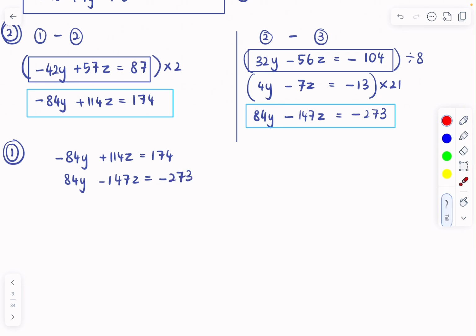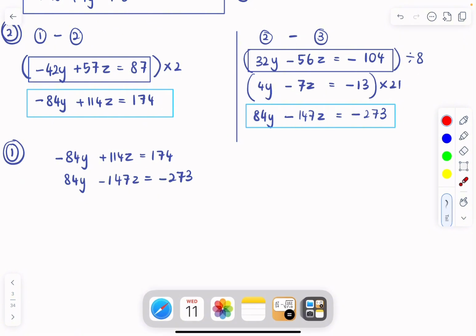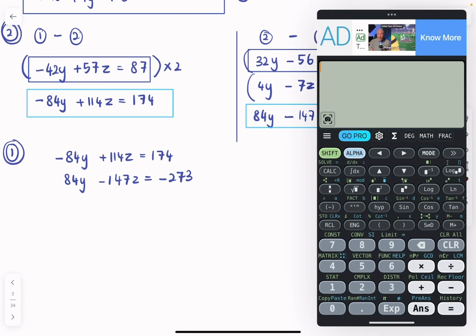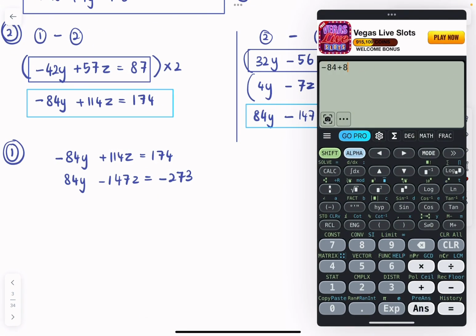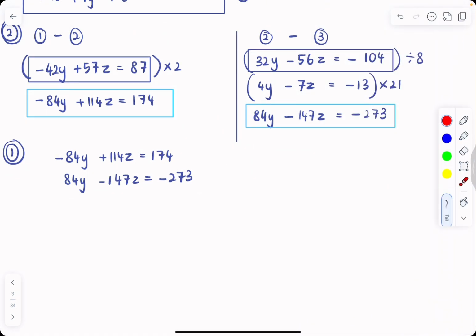Okay, so now we want to get rid of this. We have to plus or minus. Let's check. Negative 84 plus 84, settled. So we have to plus. So these two equations we plus.